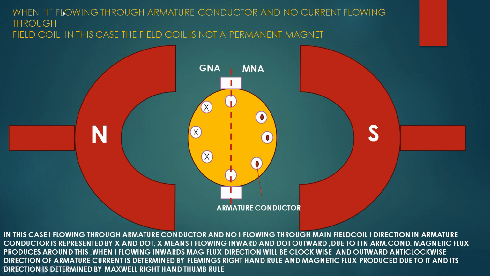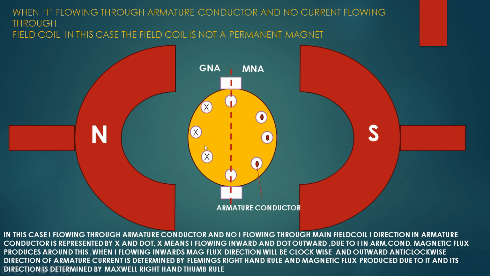Here the current is flowing through the armature conductor and no current is flowing through the field coil. Don't consider this as a pole magnet. Here we can consider this as a field coil, and this one is not producing any flux.